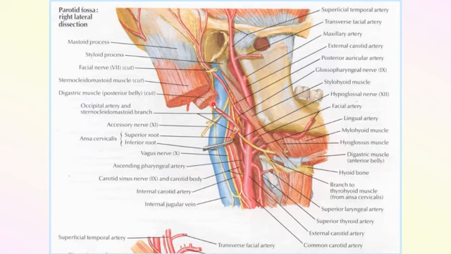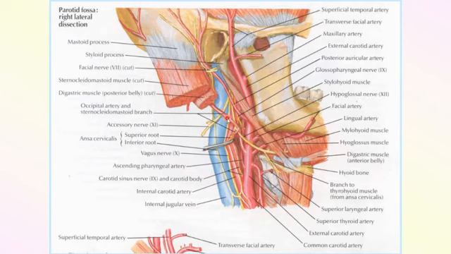And then the posterior auricular artery. If we continue up, the posterior auricular artery will arise, again in the posterior group, from the posterior aspect of the external carotid artery, and it's going to be above the occipital artery, and it actually will run almost parallel with the occipital artery.